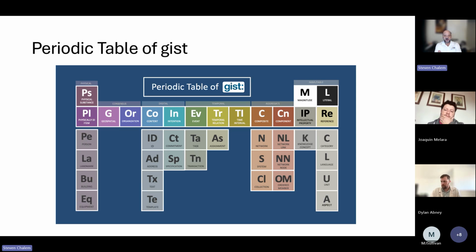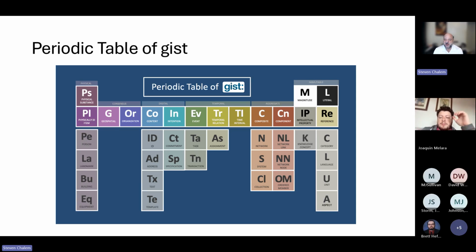I'm not going to be going through this in detail, but it is on the Semantic Arts website, and as I said, it's a work in progress. But we're hoping it'll be another useful way of getting people into the mindset of GIST. And you'll notice the coloring here; I'll be using some of those colorings throughout the rest of this presentation.